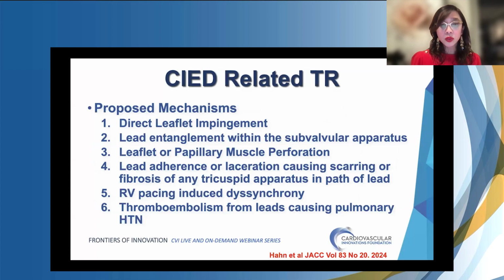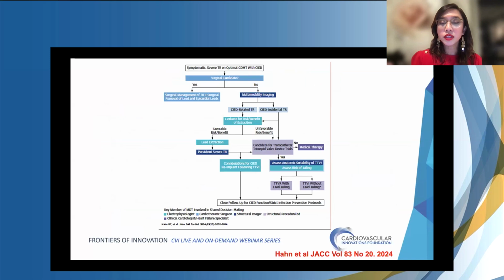The fourth one is where you have adherence or laceration of the lead, so you cause scarring or fibrosis of any type of the tricuspid apparatus in the path of the lead itself. The fifth and the sixth: the fifth being the RV pacing-induced dyssynchrony, and the sixth being the thromboembolism from leads causing pulmonary hypertension. We have seen a lot of these, and these are the 6 main proposed mechanisms for CIED-related TR.